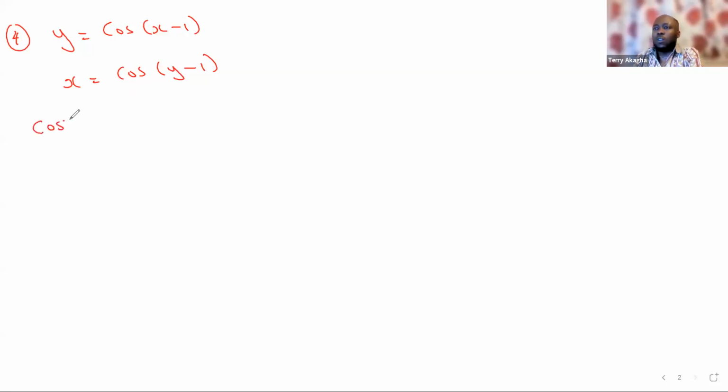So the cos inverse of x is equal to the cos inverse of cos y minus 1. This cancels that. Can you see? So y minus 1 is equal to the cos inverse of what? x. Then you now take 1 to the other side. So y will be equal to the cos inverse of x plus 1.